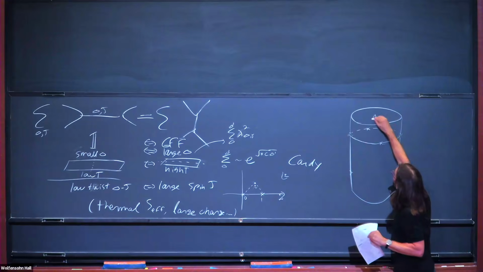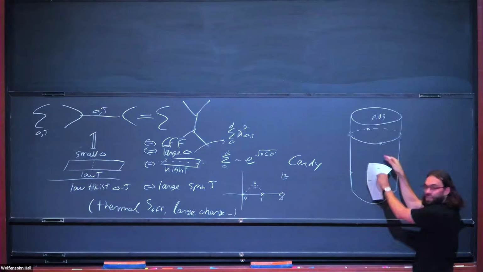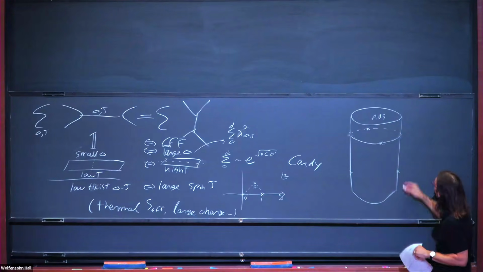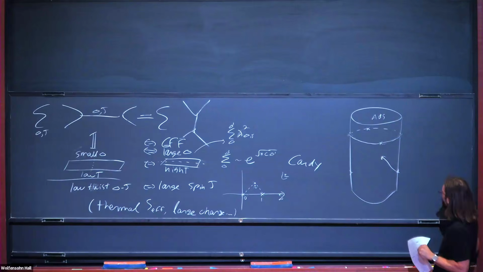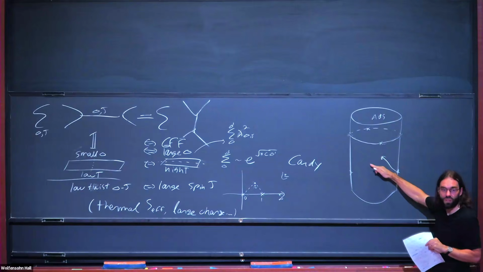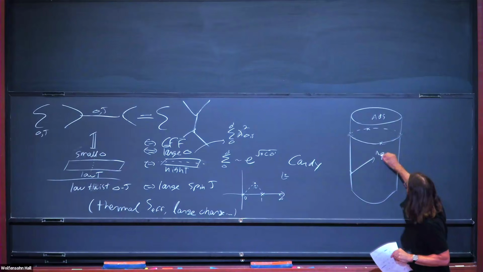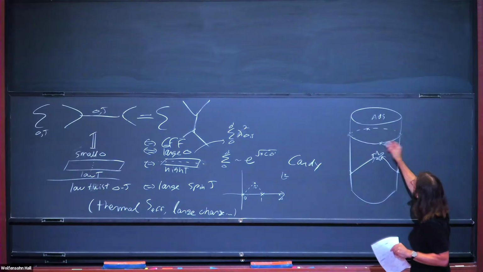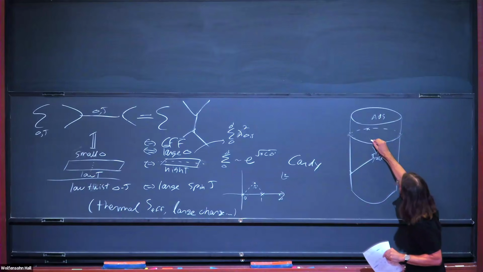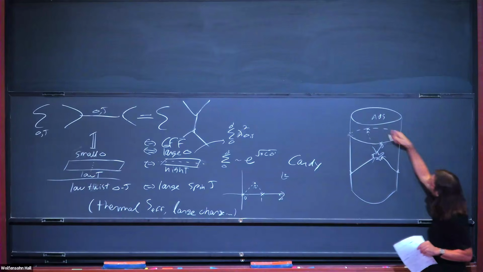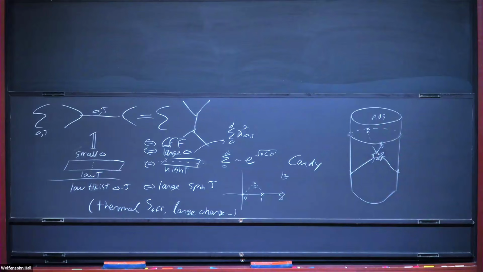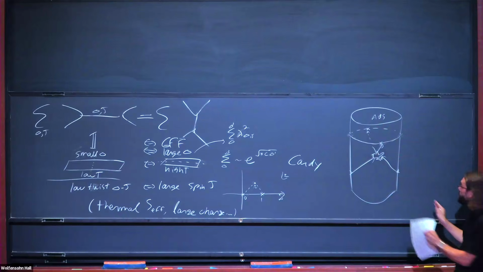If you're in AdS/CFT and you have a bulk that is filling the interior of the cylinder, you can imagine putting some little wave packet here that's going to create a particle moving with a lot of energy in the bulk, and you have some collision in the middle of the bulk, and then you're recording the products at these points. So you can do a scattering experiment inside the bulk by using this 4-point function.